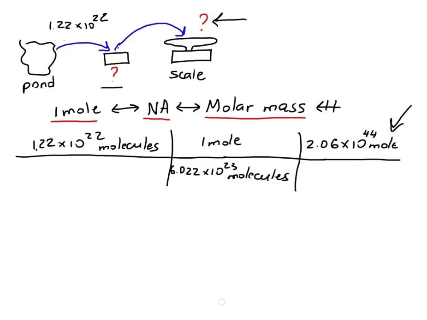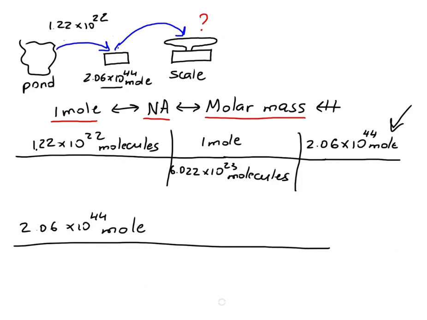It will be 2.06 times 10 to the 44 moles here, and now we have to find how many grams it's going to be. So there should be an X amount of gram.